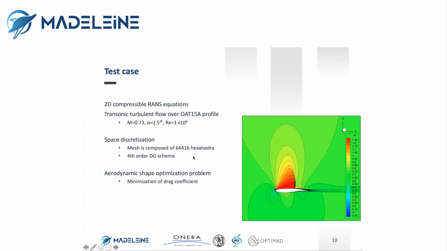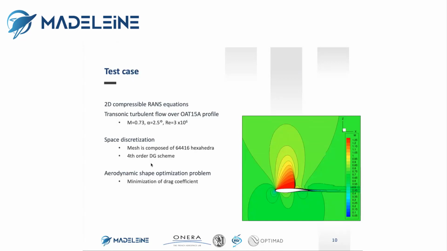So the test case that they used to validate their developments is a transonic airfoil in a turbulent flow regime. And what is very interesting is that the discretization matrix is relevant to a fourth-order discontinuous Galerkin scheme. So it is not a classical finite volume scheme.